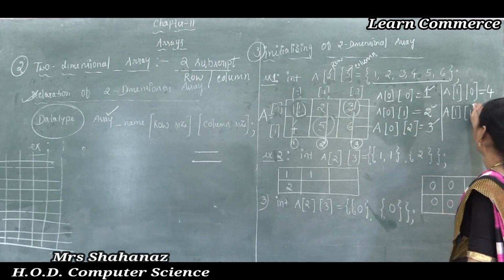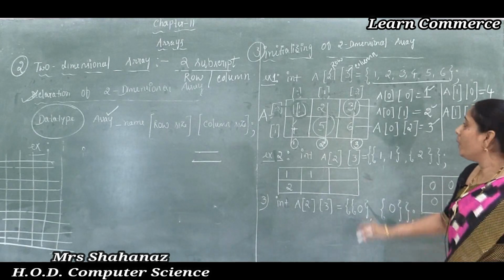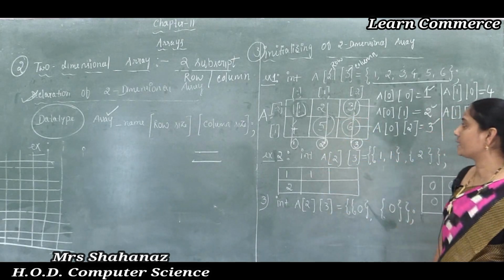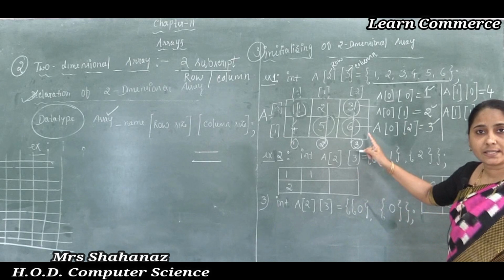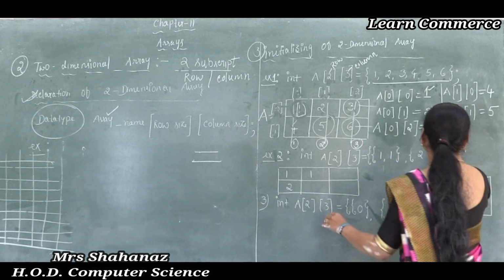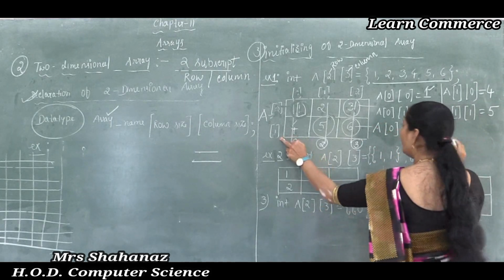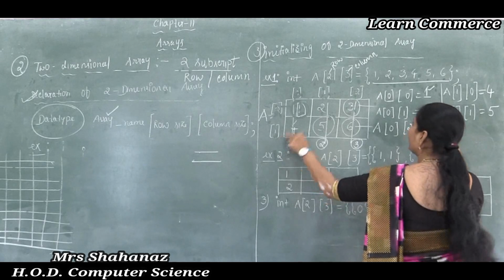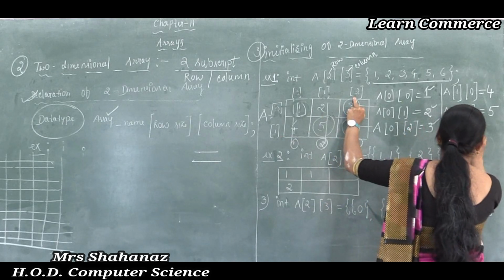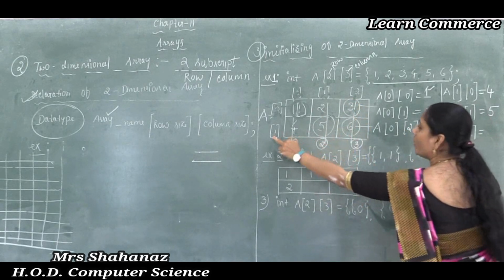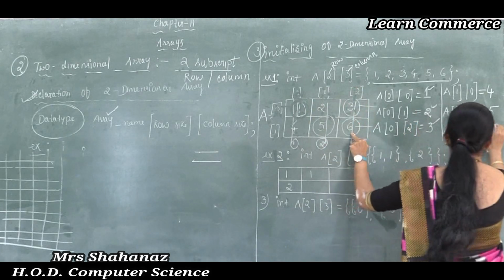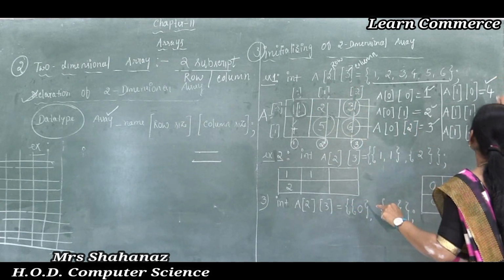So 1 and 1 gives the element 5. To access the element 6, we use the row number 1 and the column number 2. So 1, 2 gives the value 6. Clear this part here? So 4, 5, 6.